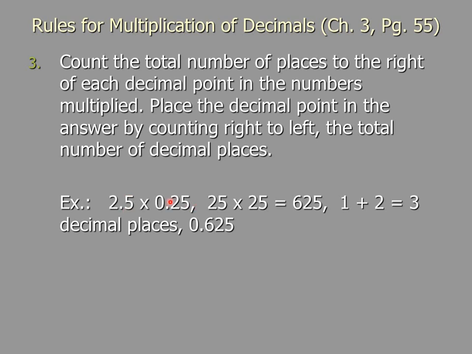In the second number you have 2 decimal places. Meaning in total you have 3 decimal places. Now, you have to write this number such that you have 3 decimal digits. So you place the decimal point here so that all these 3 digits are right after the decimal point.